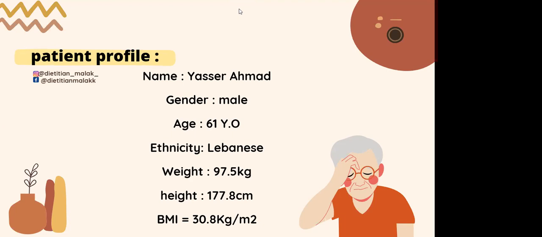Exactly, thank you, Ella. It is the weight in kilograms over the height in meters squared. Thank you. Now, as you can see here, the BMI is class 1 obese.